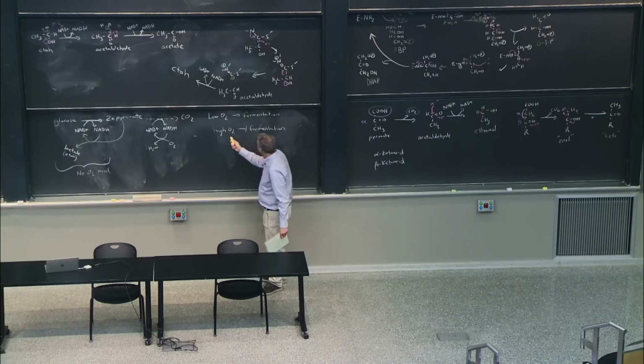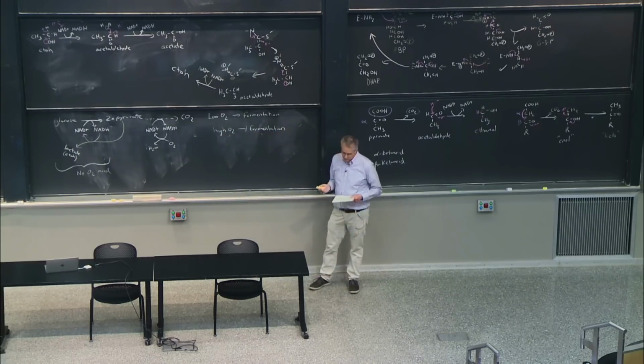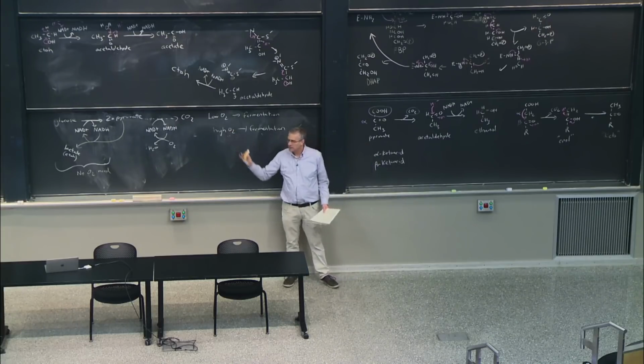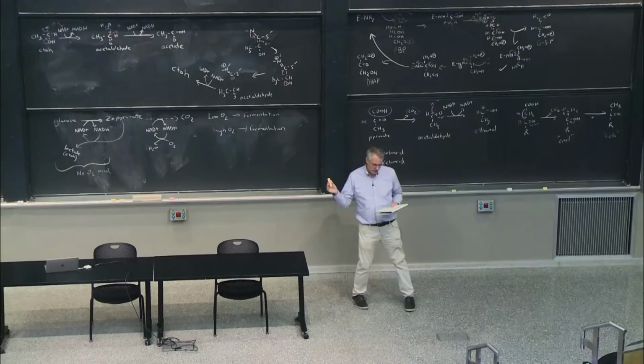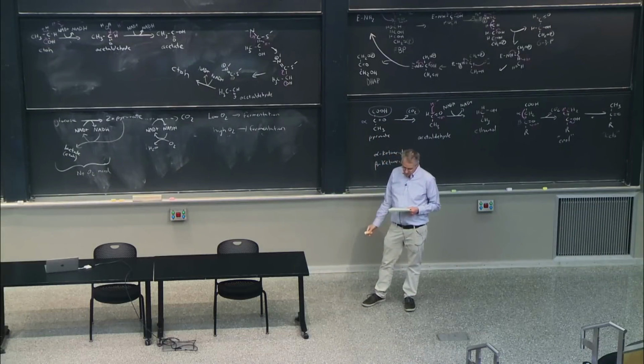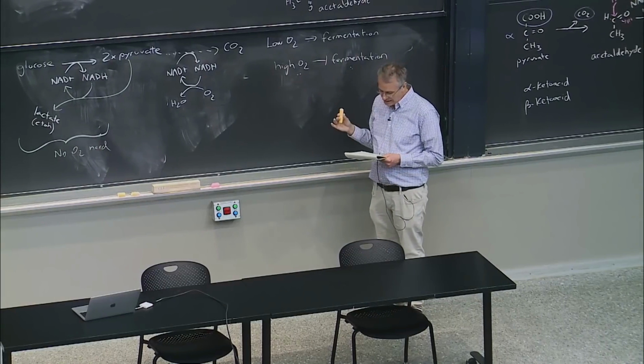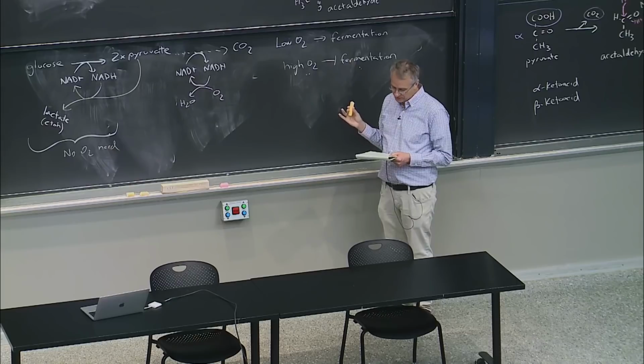Now, this fact that high oxygen can suppress fermentation is experimentally true in many organisms in many contexts. It's likely because the high ATP-ADP ratio that's produced with oxidative glucose metabolism can directly affect some steps or deplete the NAD that's required to drive glycolysis.